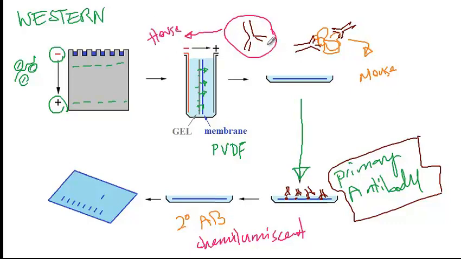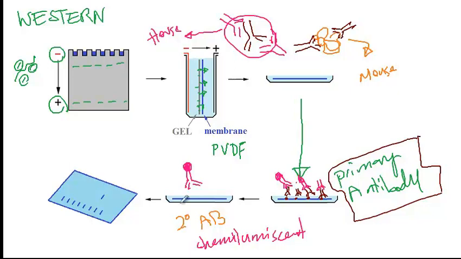The horse's immune system will now create antibodies that are attacking the mouse antibody. This is called the secondary antibody. The secondary antibody that we have now created has a special agent with chemiluminescent properties, so this antibody will go and bind to our primary antibody.